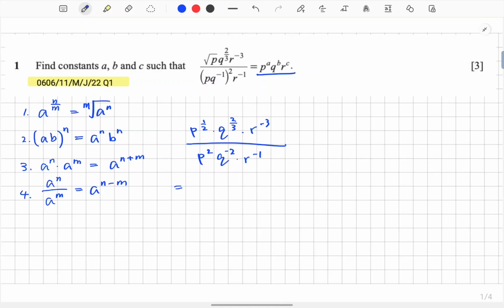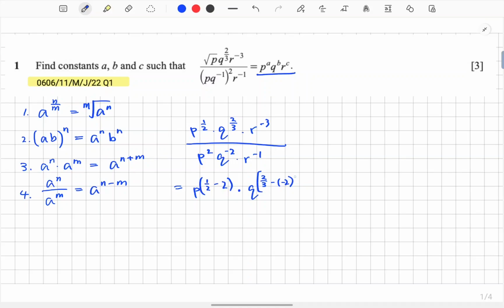Now we need to apply the fourth rule, because we're seeing the same base and they are in a fraction. So the first one, the P term, will be 1/2 from the top minus the 2 from the bottom, because it's a fraction. Then this will multiply Q to the power of 2 over 3 minus -2.